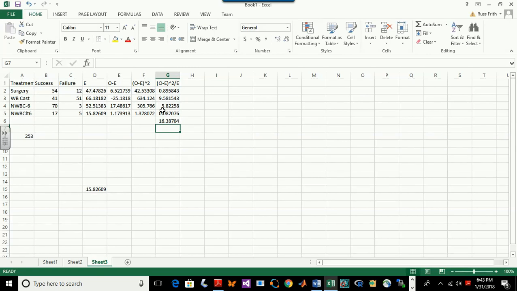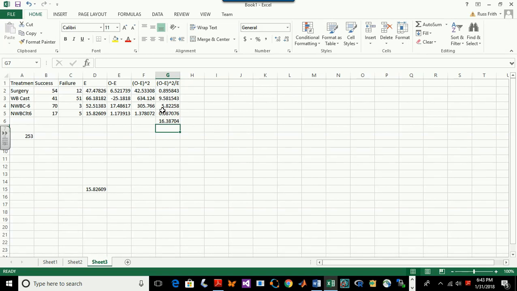So why is that different from the notes? For surgery, let's check. 54. Where did they get 5? They used failure minus. They said there will be 8 of these calculations.